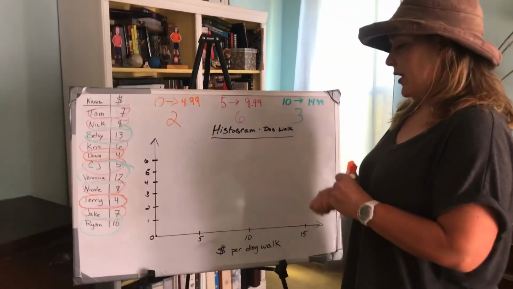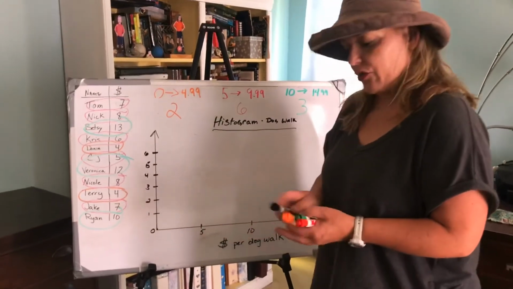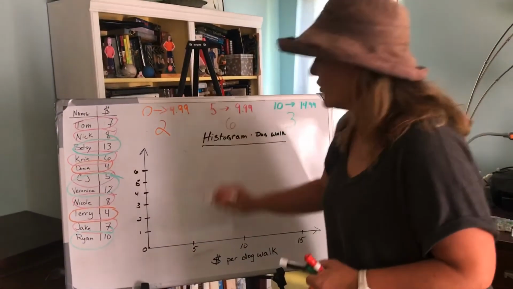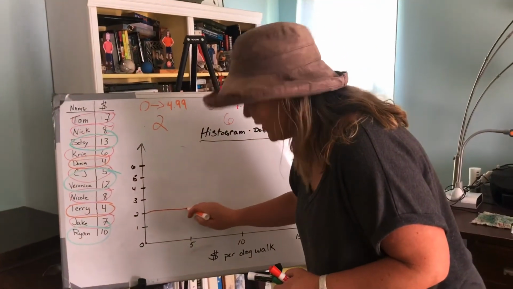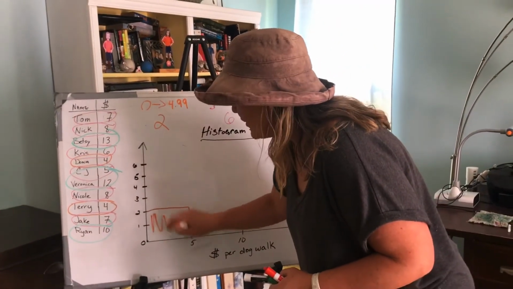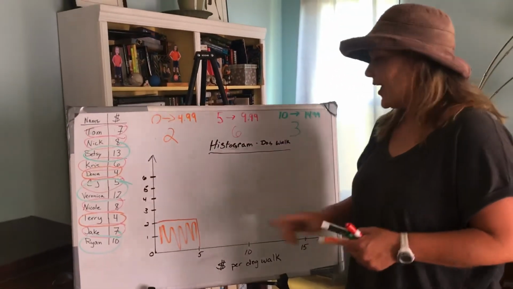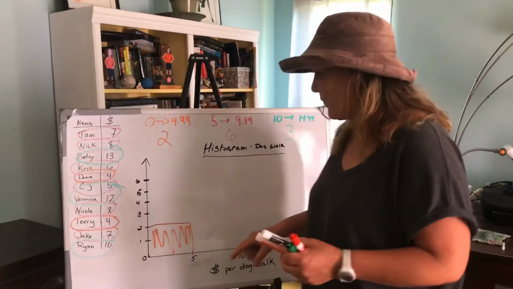So, in between $0 and $5, how many people paid in between $0 and $5? 2 people. So I come up here, and I come down, and this is my 2 people that paid in between $0 and $5. An interesting thing about histograms.